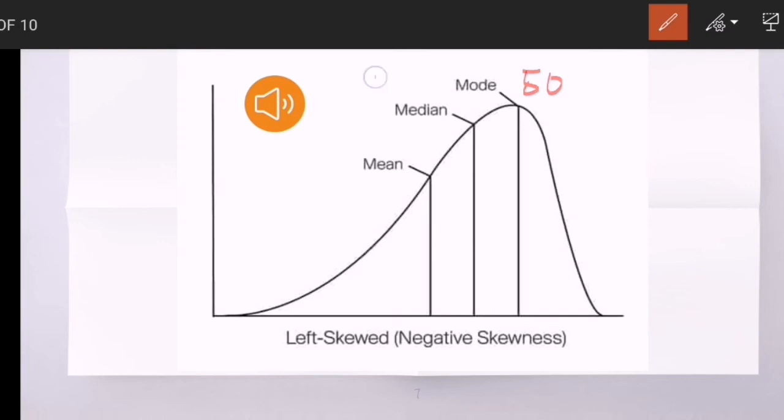So the skew was on the left side, meaning that the center was near the mean. So it is also called, or simply called, the left skewed or the negative skewness.